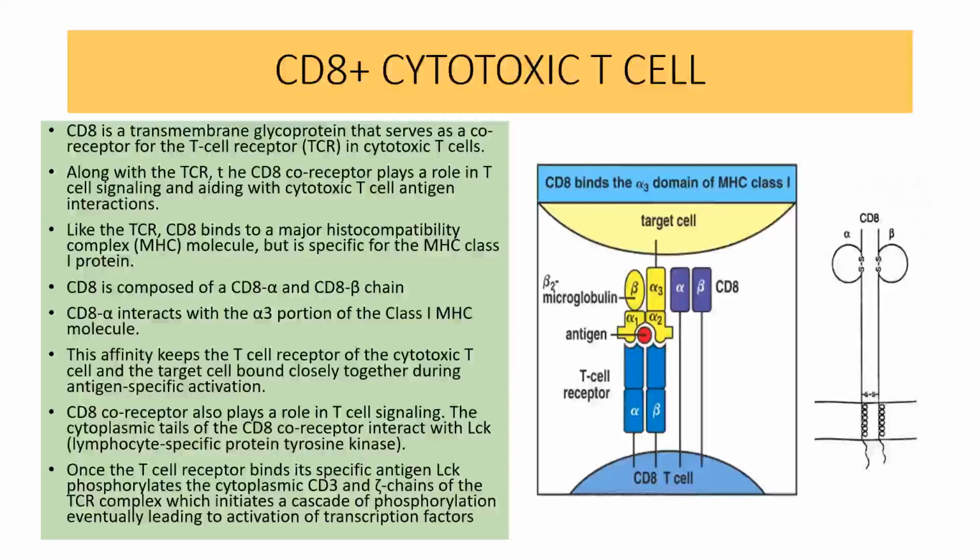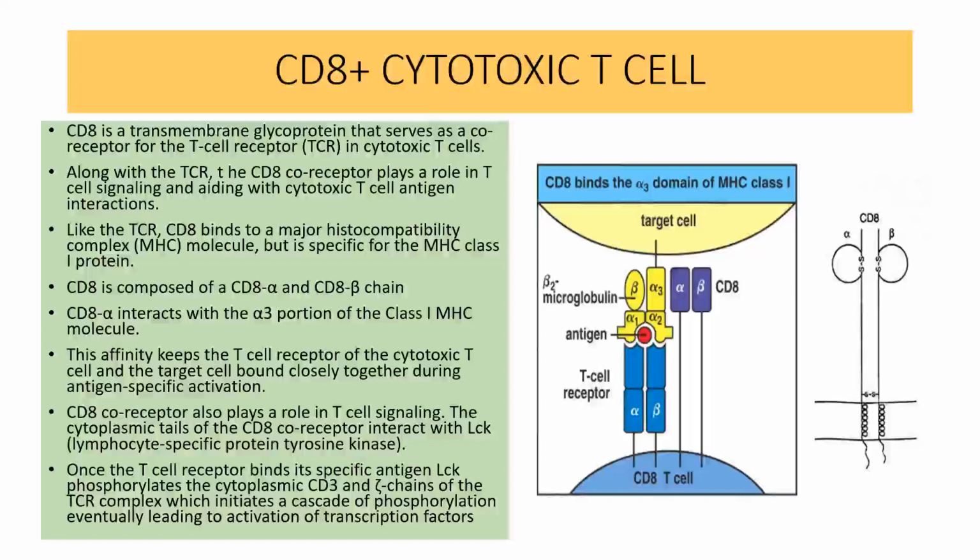So the alpha chain of CD8 binds or interacts with alpha 3. The affinity keeps the T cell receptor of the cytotoxic T cell and the target cell bound closely together during antigen-specific activation. The CD8 co-receptor also plays a role in T cell signaling.